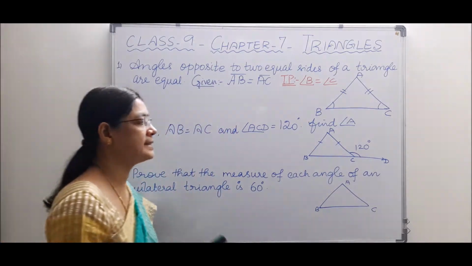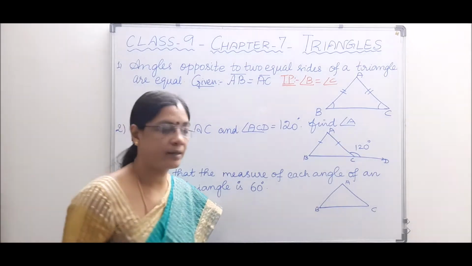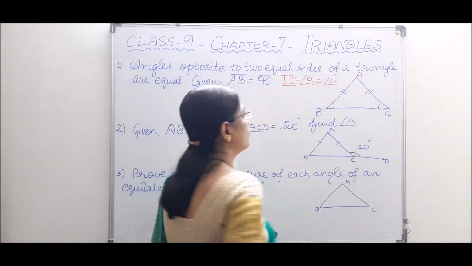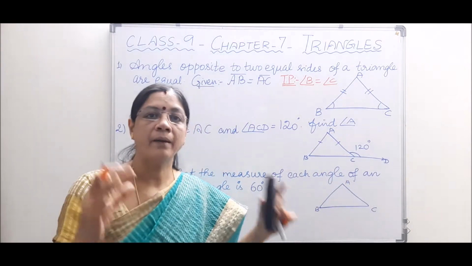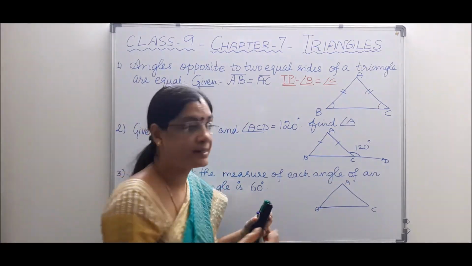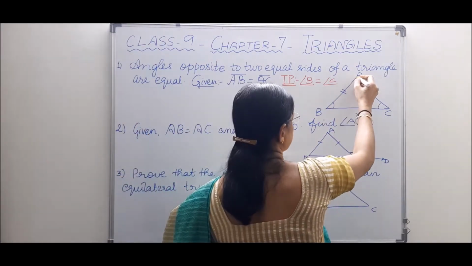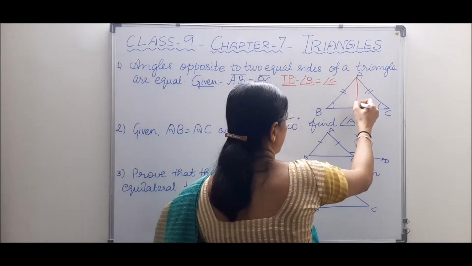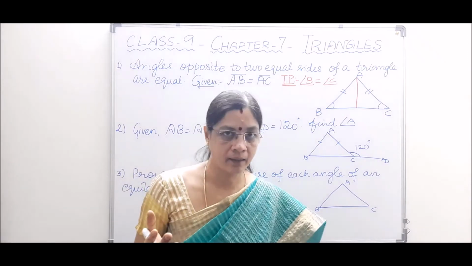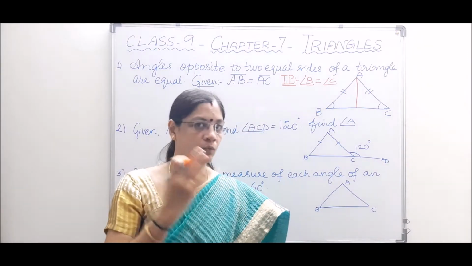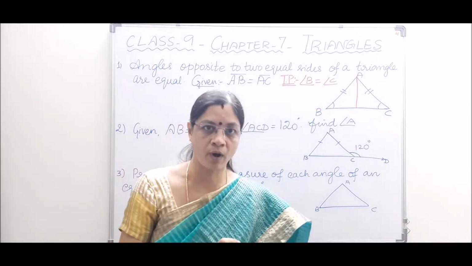For this, let's do something extra. Since these two sides are equal, I'm going to draw the bisector of the angle between them. I'm going to draw a bisector which lands on BC. What do we mean by an angle bisector? A bisector is one which divides anything into two halves, isn't it?